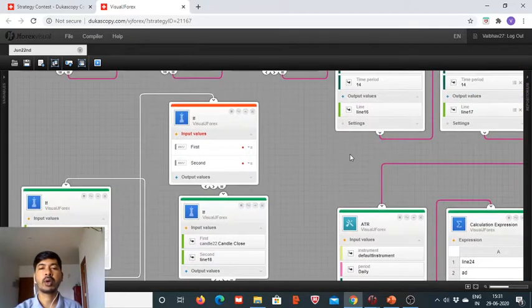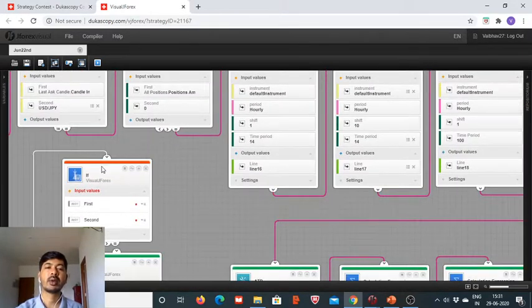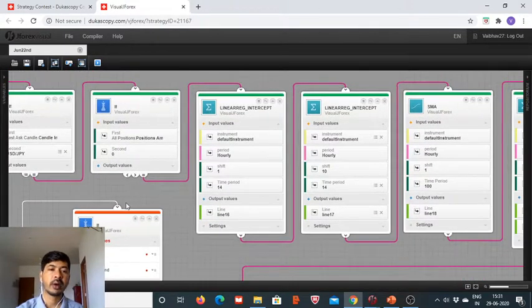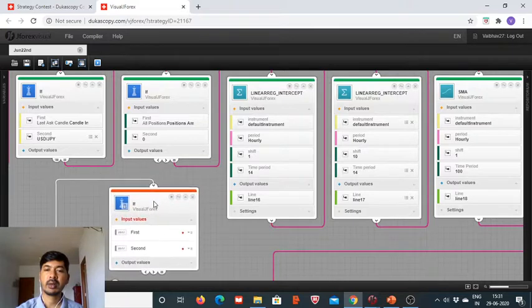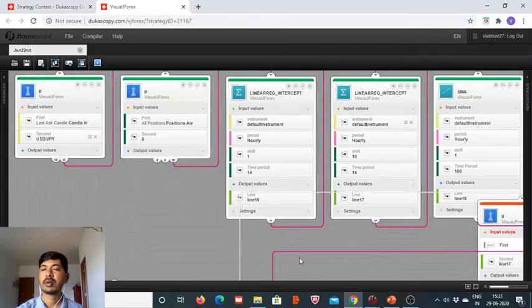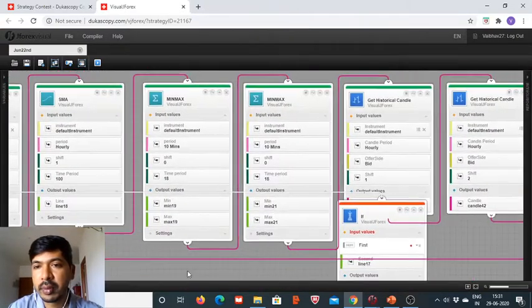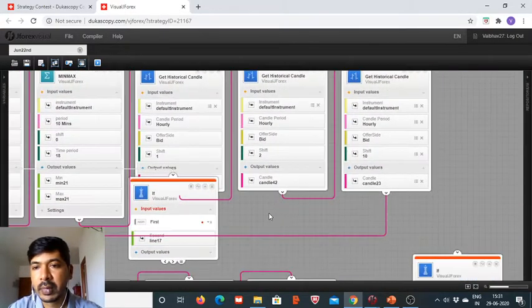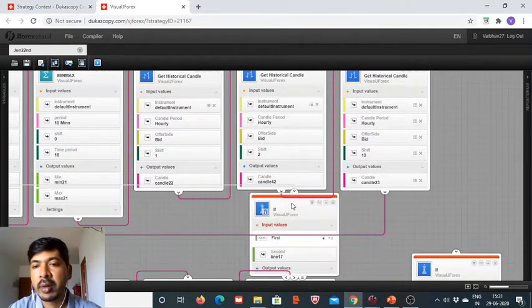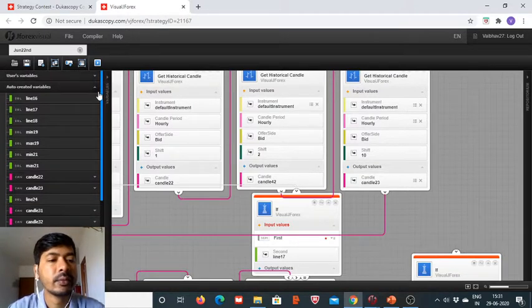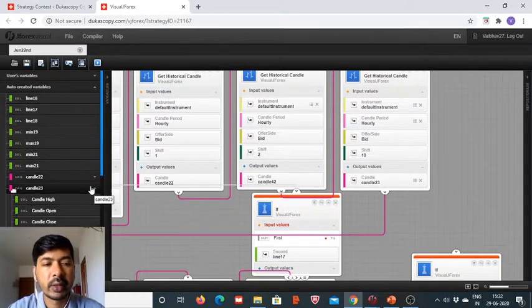Now we also have to compare the hourly candle closing level 10 hours back. So again we have to consider line 17. As you can see, shift is 10, and compare it to that hour's closing levels. So we have to take into account the candle 23's closing level. As you can see, shift is 10 and candle 23 is here.